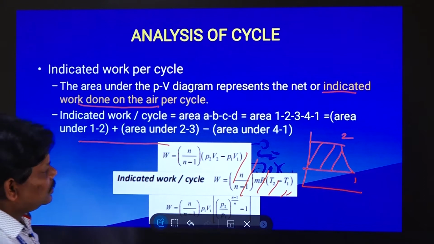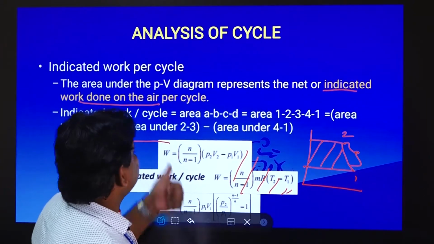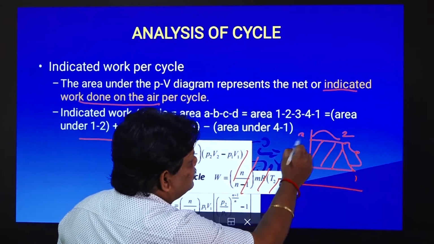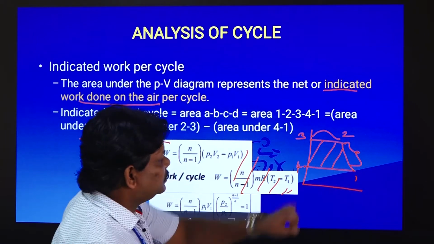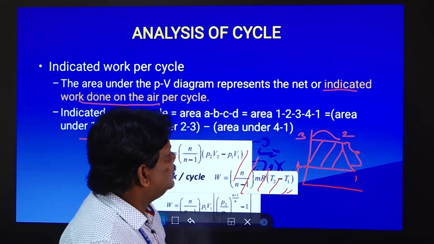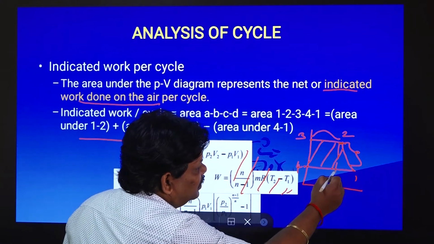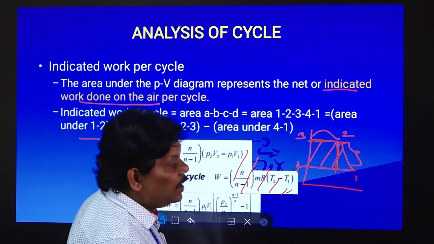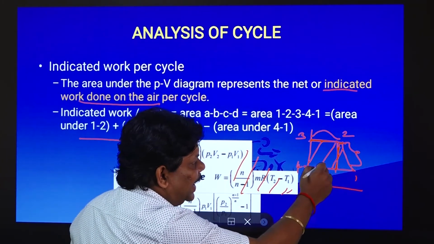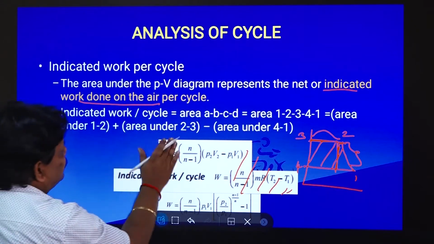So that is equal to the area under 1 to 2 plus the area under 2 to 3 and the area under 4 to 1. This total area will be equal to the indicated work per cycle. This will be a rectangle and this will be a triangle; add these two and you get the total area.